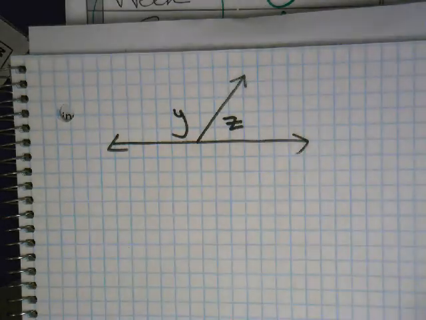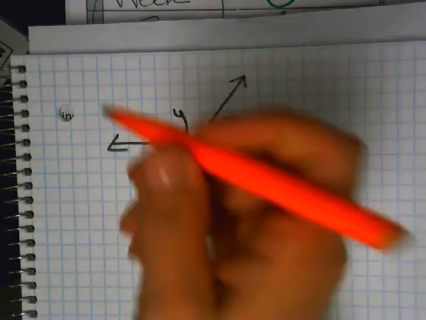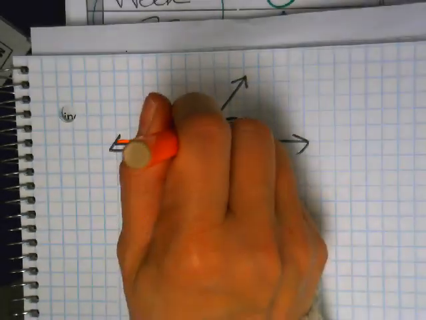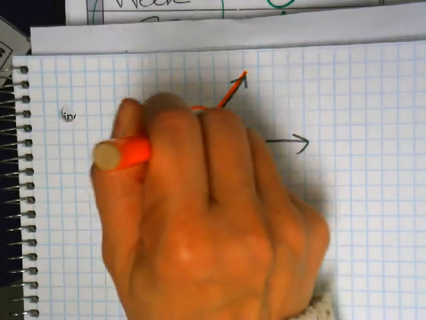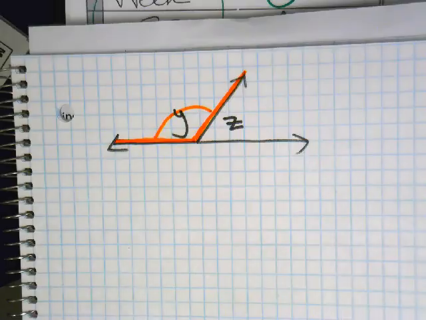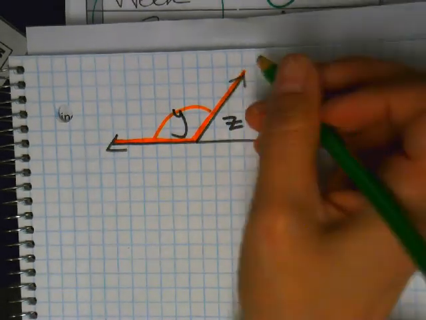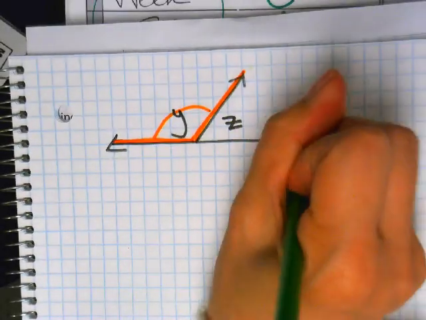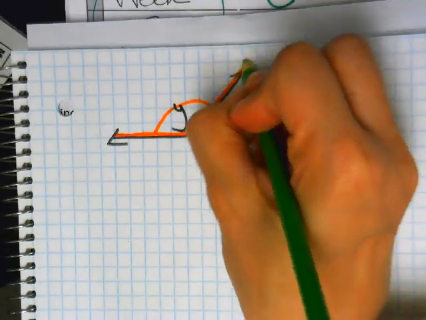Okay. Are these adjacent? Yes. Let's check. Let's highlight Y. Let's trace Y. So here's angle Y. Let's trace Z. Is my green going to go over the orange?